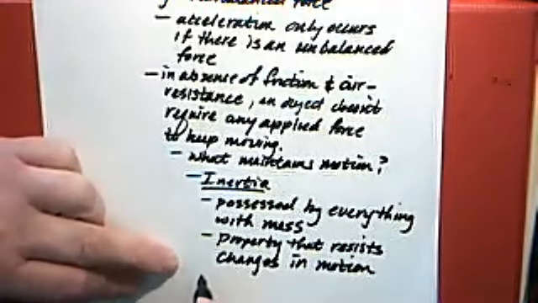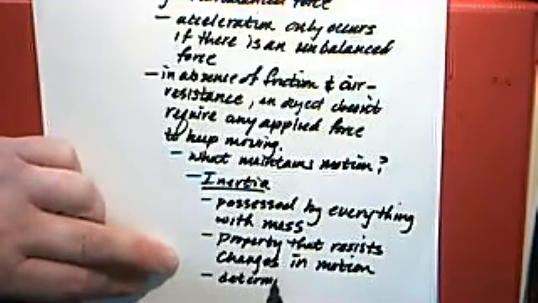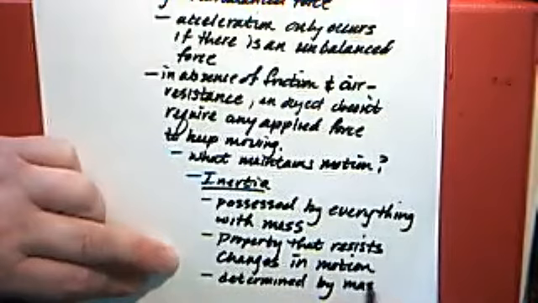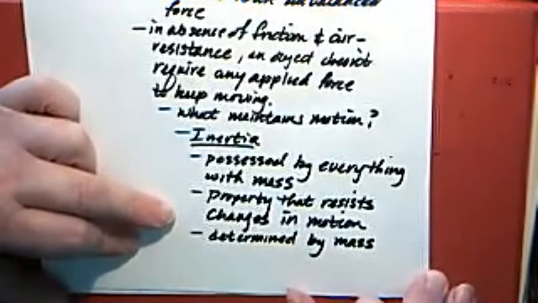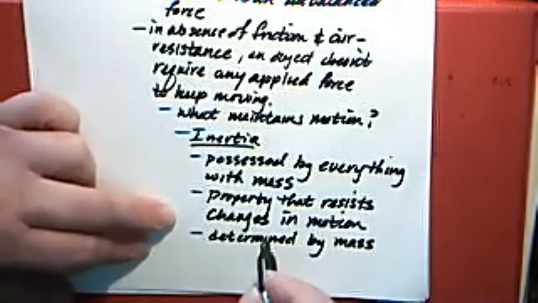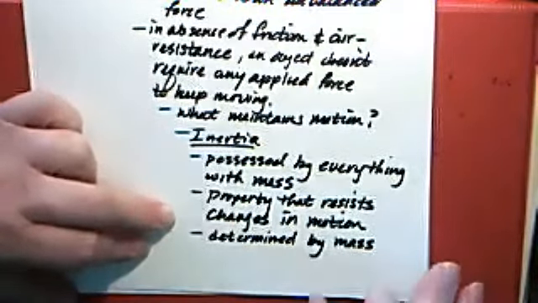Inertia is determined by an object's mass. The greater the mass of an object, the more inertia it has. So larger objects have more inertia.